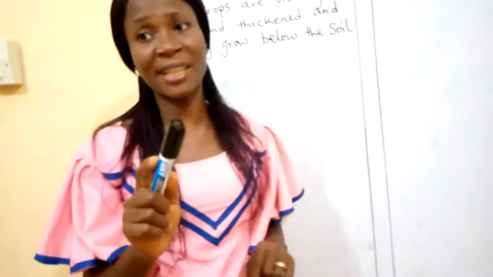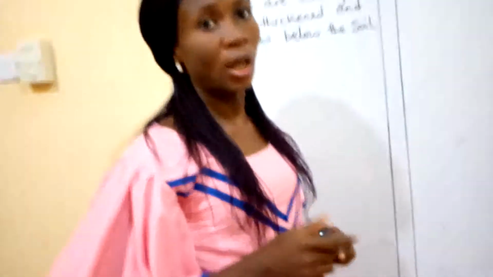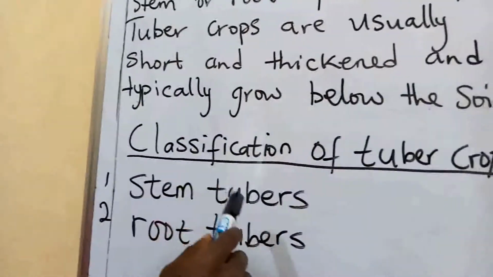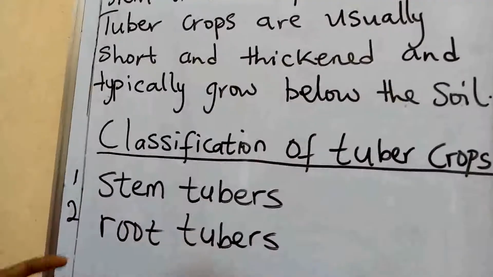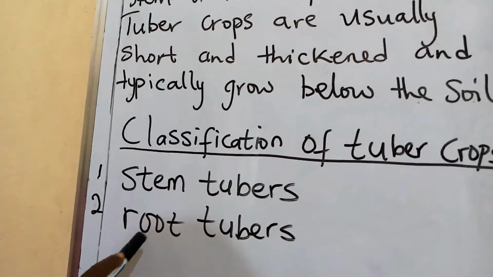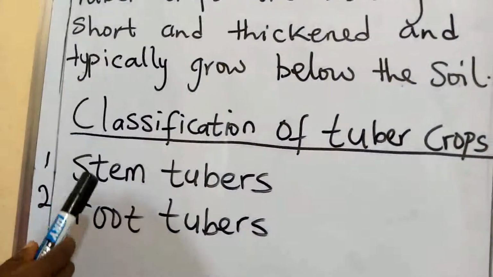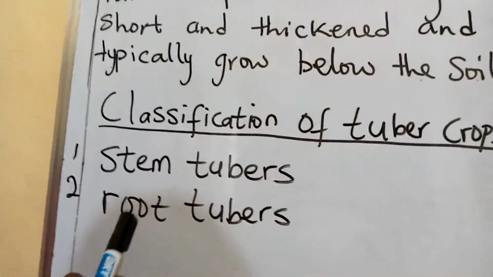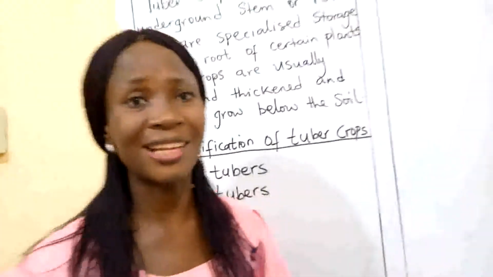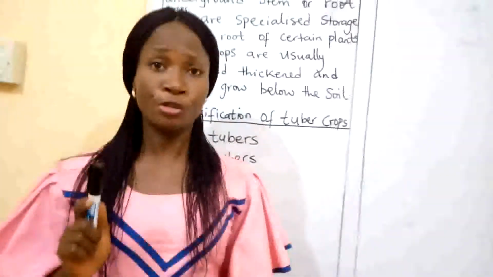Let's take it down. Just as I said earlier, we have the stem tubers and the root tubers. Don't forget that we said that tuber crops grow on the stem or the root.